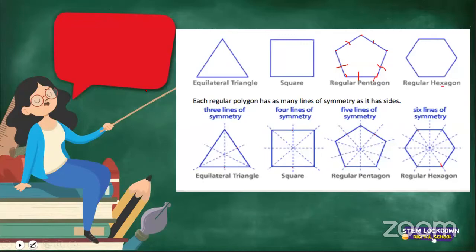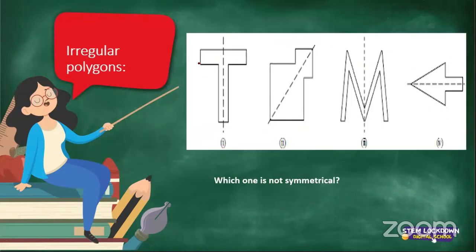So we have an irregular polygon. An irregular polygon here is basically a shape that is irregular in the sense that it doesn't have fixed sides. Like you had a hexagon, it had six equal lines. You had a pentagon, it had 5 equal lines. You had a square, it had 4 equal lines.